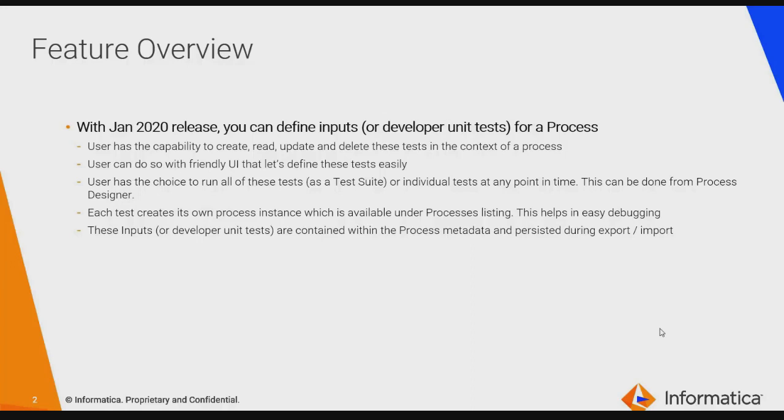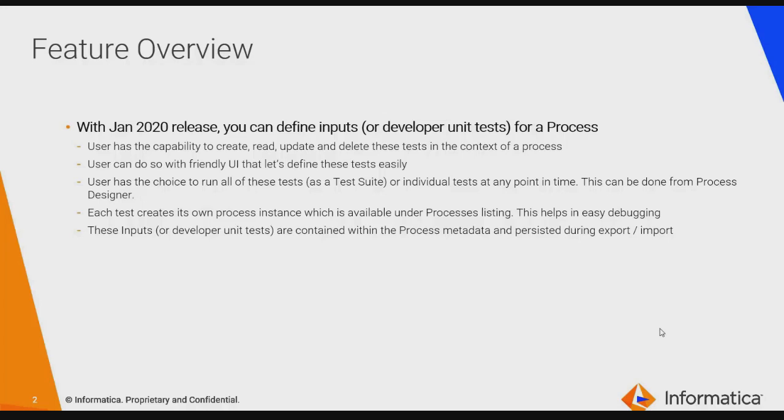The user has the choice to run all of these tests as a test suite before they move it to a QA environment. A developer may want to perform multiple tests on their own implementation, and eventually they end up building a lot of tests, and they can choose to run a single test, or they can choose to run the whole test suite at any point in time.